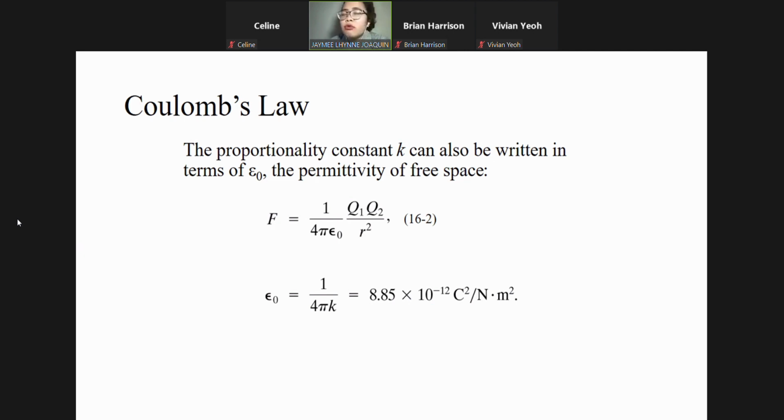So instead of 8.988, you use 8.85 times 10 raised to negative 12, because this would be in the case of free space, or if the movement happens in free space. Okay.